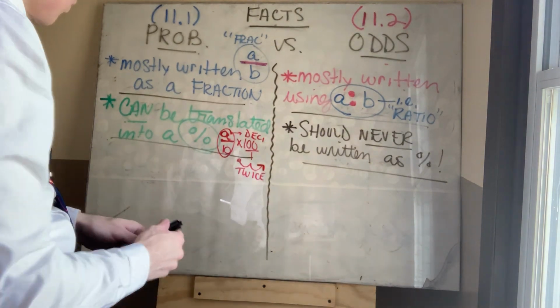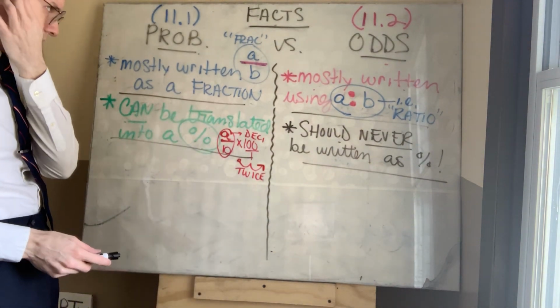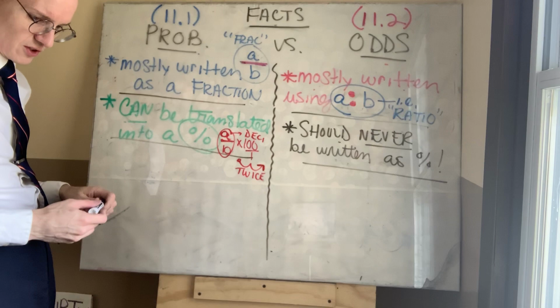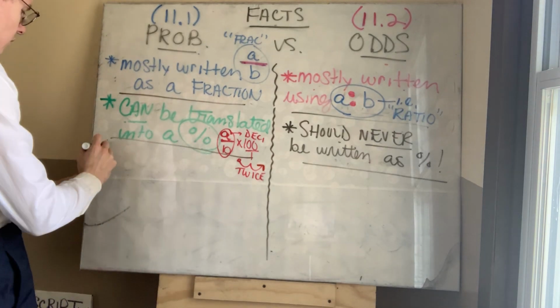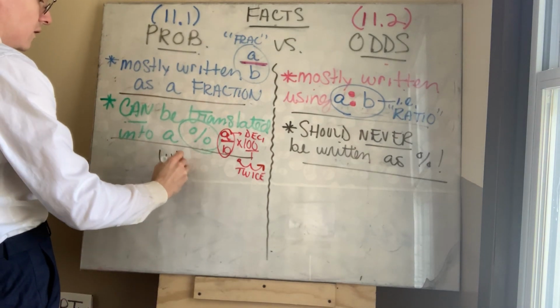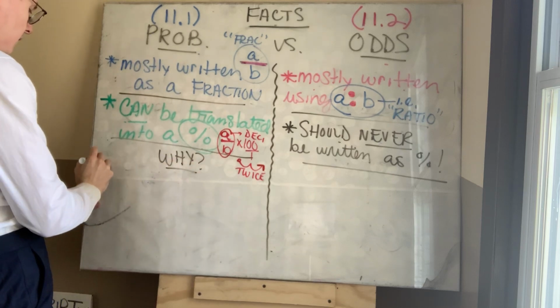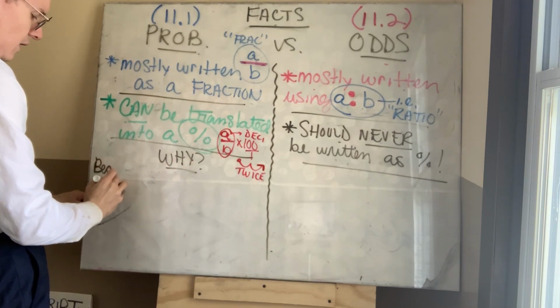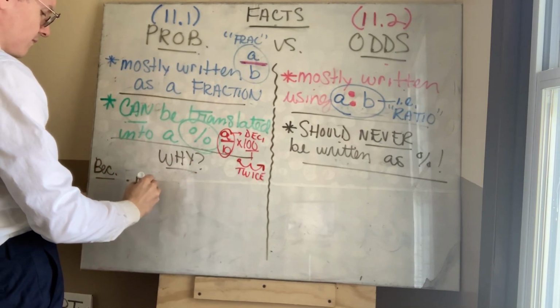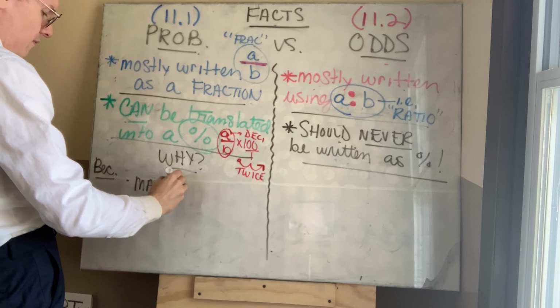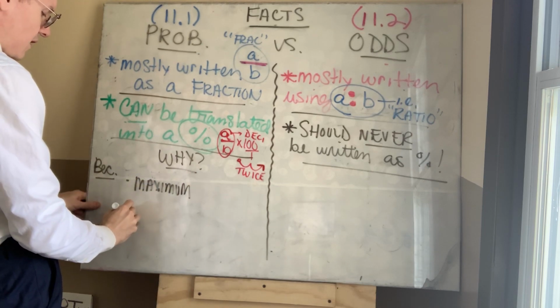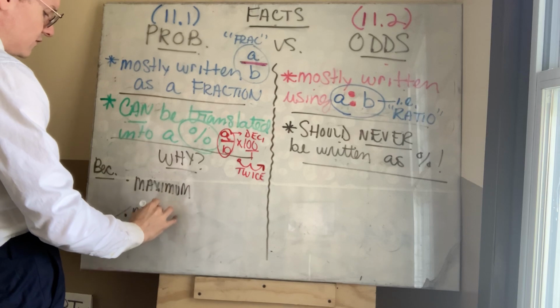Okay. Now, why is it okay to translate probability into a percentage? Because there's a maximum that the probability can be, and there is a minimum.